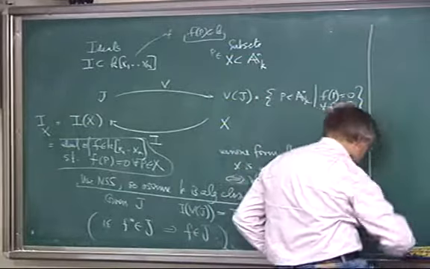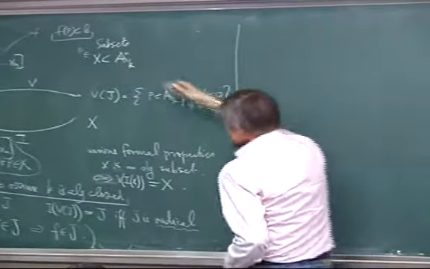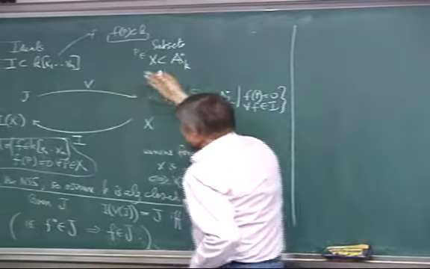And so this says, now I can take this correspondence and just make it into a bijection.